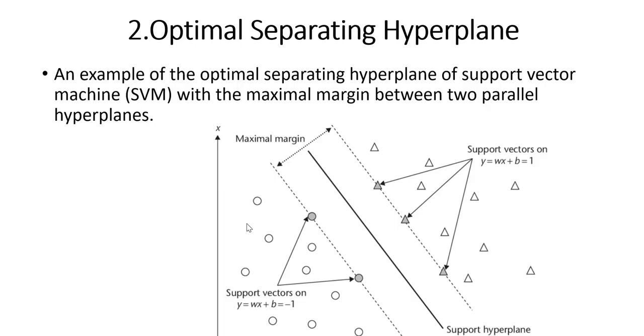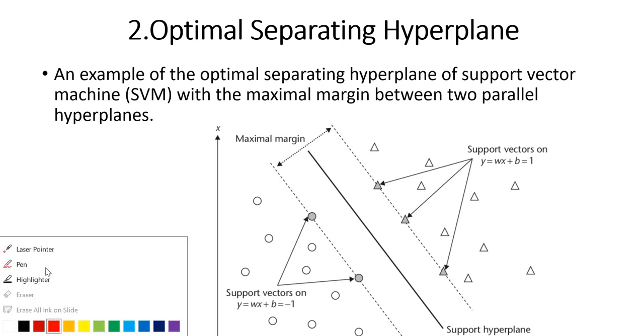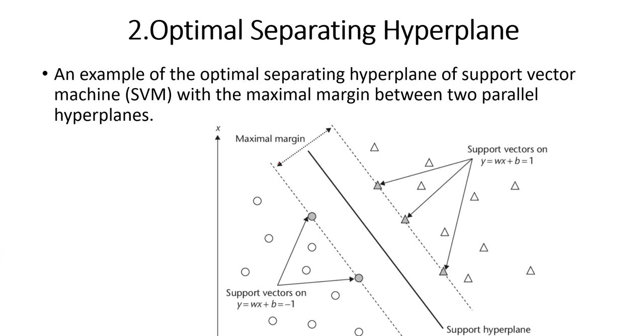The solid black line in the center is the separating hyperplane, and that is called the optimal separating hyperplane. On either side we have two parallel dashed lines, and these are the margin boundaries.